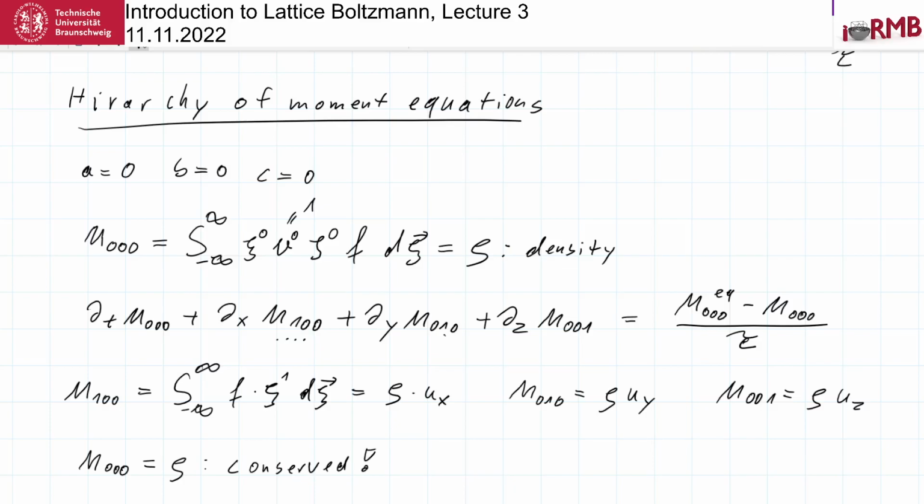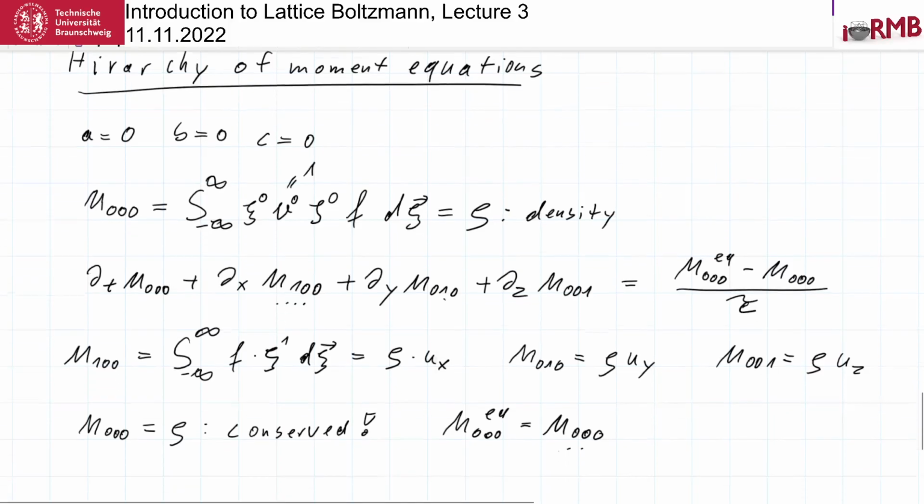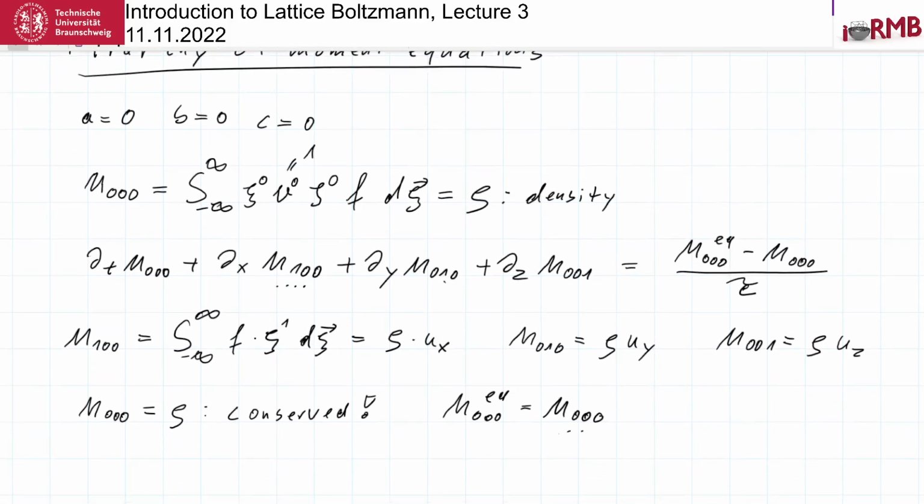When it is conserved during the collision, it means that the equilibrium must be equal to the state in which it enters the collision. And this, of course, means that in this particular case, the right-hand side of the equation needs to be 0.